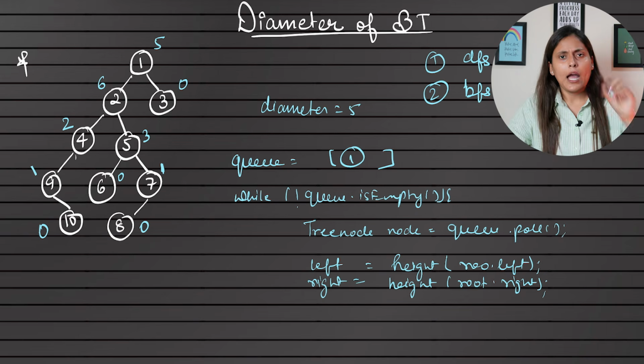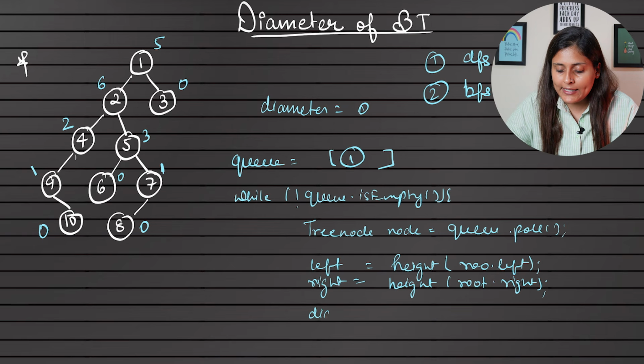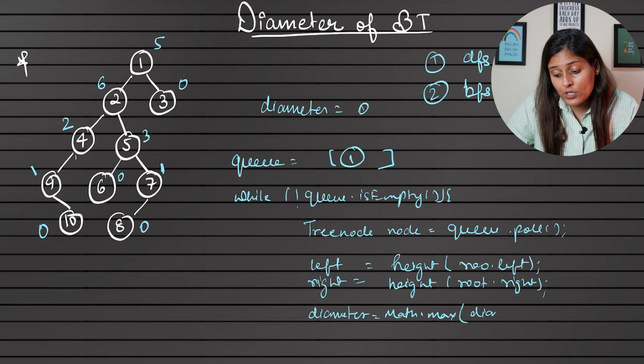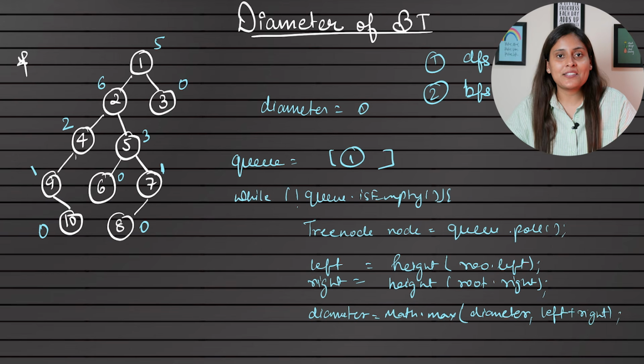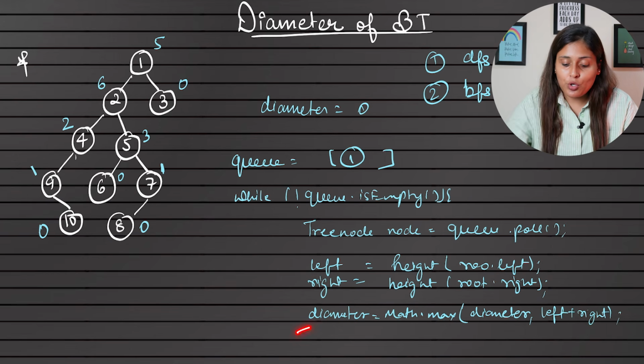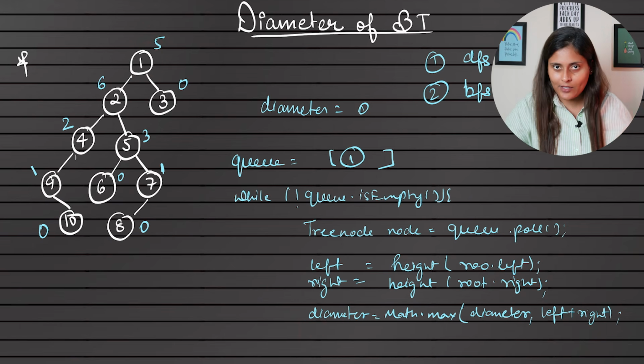So left and right. Now whatever diameter we have, let's initialize the diameter with 0. Can I say my current diameter will be math.max of whatever the previous diameter was, or this one? This one is nothing but left plus right. That's it. So for 1, I have called a height function. I'll write the code for that.